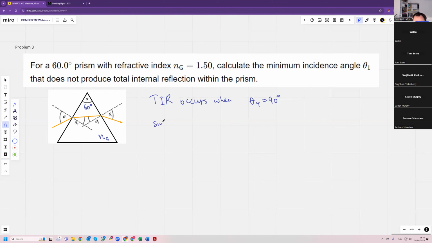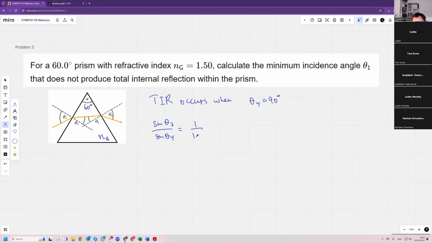So sine theta 3 divided by sine theta 4, as we have already established, it's smaller divided by bigger, so it's going to be 1 divided by 1.5. And theta 4 is 90 degrees, so that's equal to sine theta 3 divided by sine 90, which is 1.